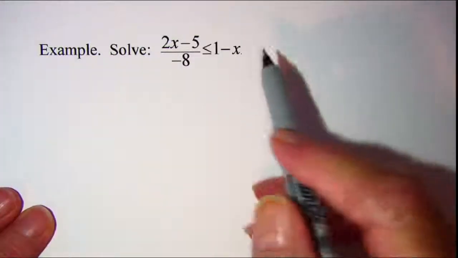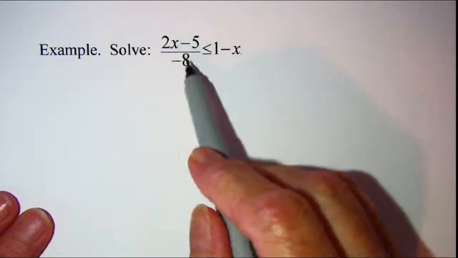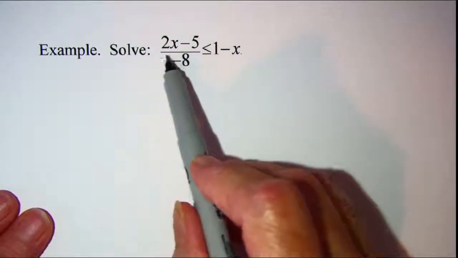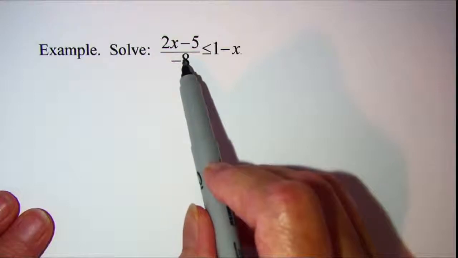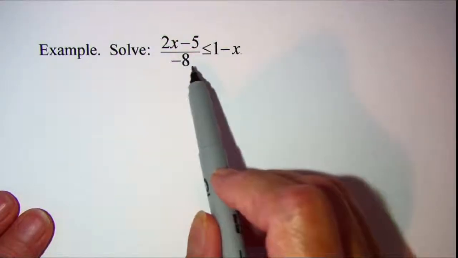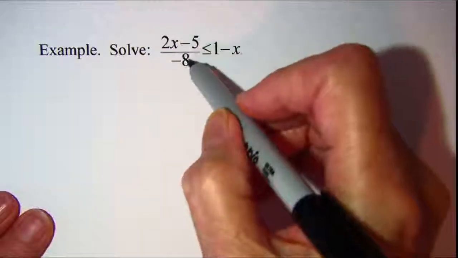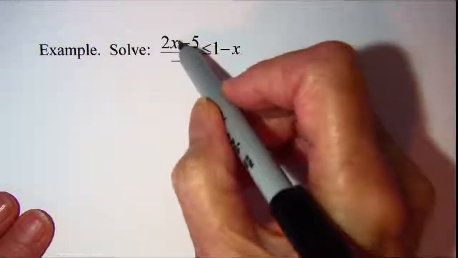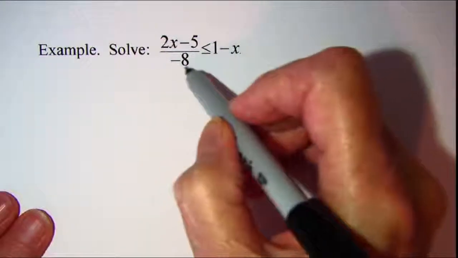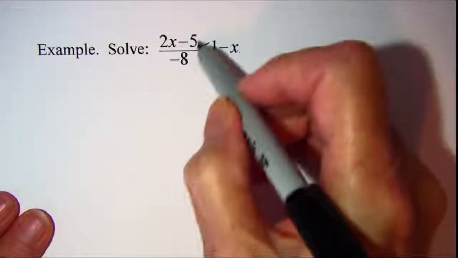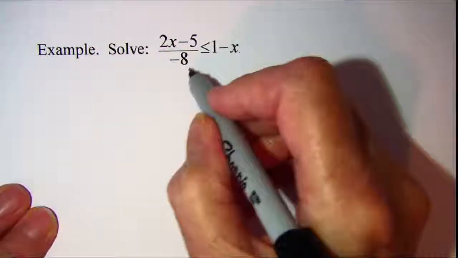Let's solve another one. There's a number of ways to approach this problem. I'm noticing that my denominator here is just a single constant. So one way to do this is to break this fraction up into two terms. I think I'll do it that way.